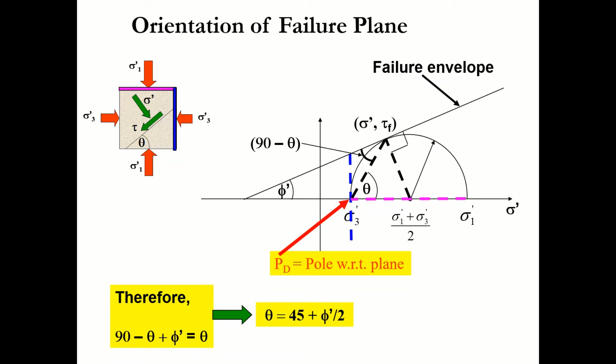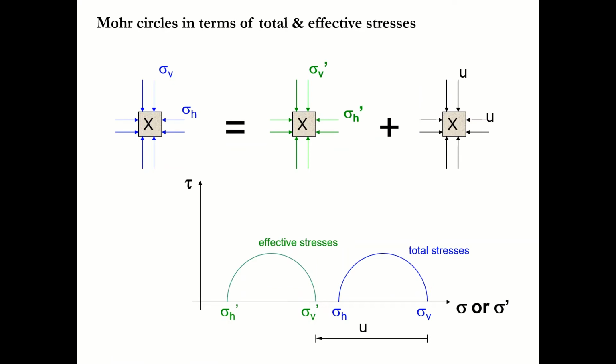We can determine the pole of the Mohr circle and draw a parallel line, and then we can determine the stresses on that plane from the Mohr circle. We can also calculate the effective stresses from the total stress Mohr circle if we know the pore pressure of that soil sample. Then we can subtract the pore pressure from the total stresses, and we will get the effective stress Mohr circle.